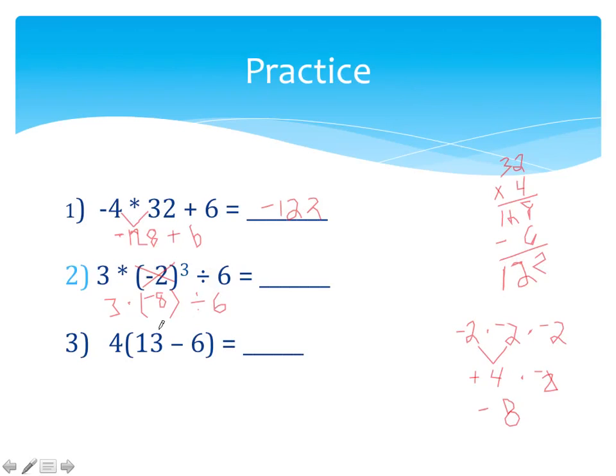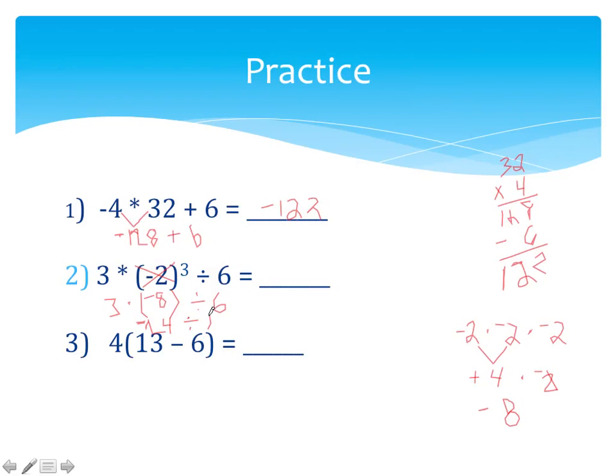So now I just have multiplication and division, so I move left to right. So 3 times negative 8, all right, my signs are different, so now I know my answer is going to be negative, and 3 times 8 is 24. And now I move to the last part, which is dividing by 6.